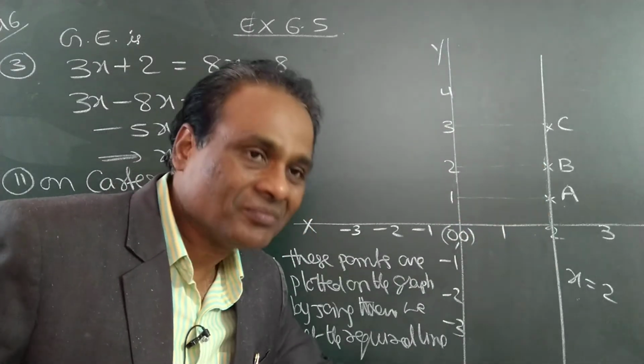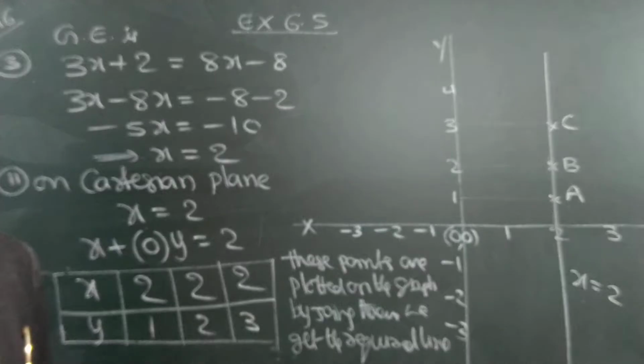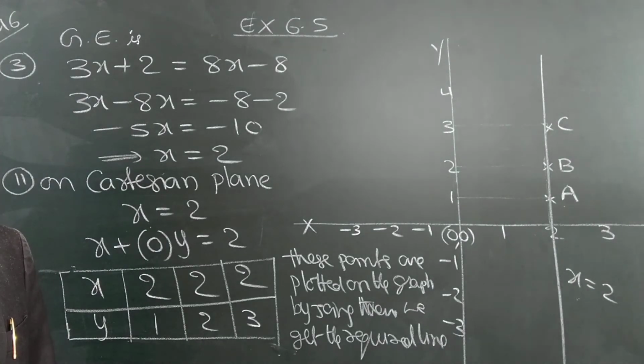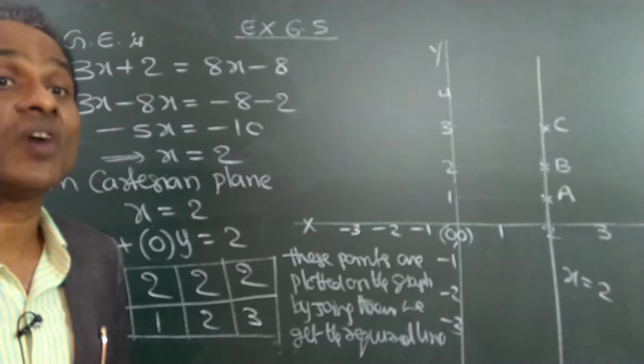By joining them, we get the required line. Required answer, required line.